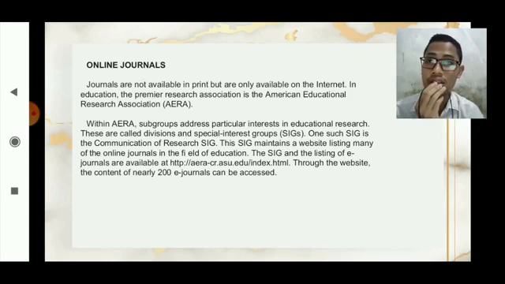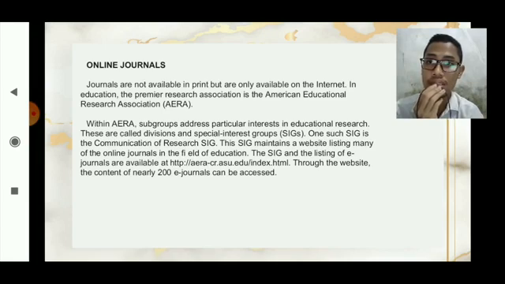In education, the primary research association is the American Educational Research Association, or AERA. Within AERA, subgroups address particular interests in educational research. These are called divisions and special interest groups, or SIGs. One such SIG is the Communication of Research SIG.